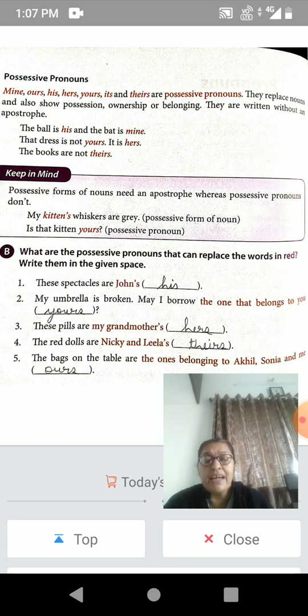On the table are the ones belonging to Akhil, Sonia and me. Here included Akhil, Sonia and me. So we use here ours. Okay children?